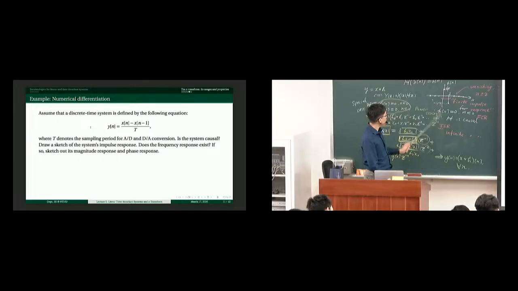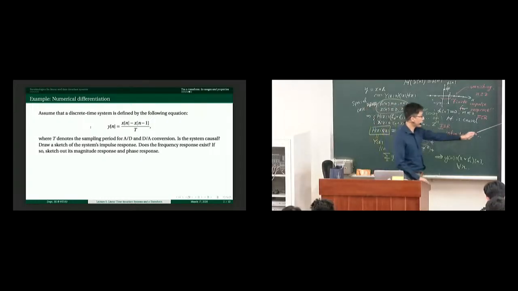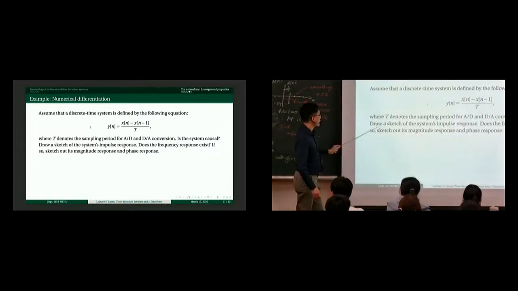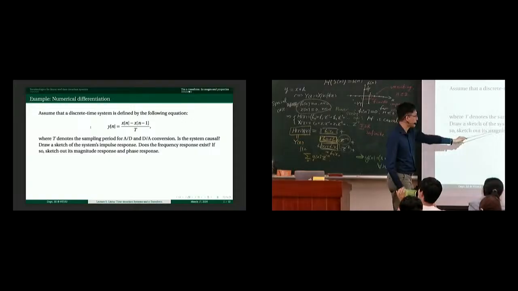And now, because the impulse response is all 0 before 0, the system satisfies causality. The impulse response is causal, and so the answer is yes, the system is causal. And we have drawn a sketch of its impulse response.